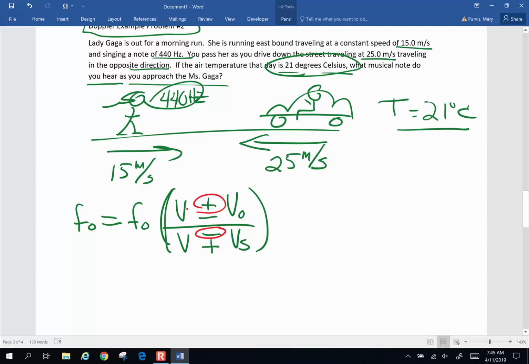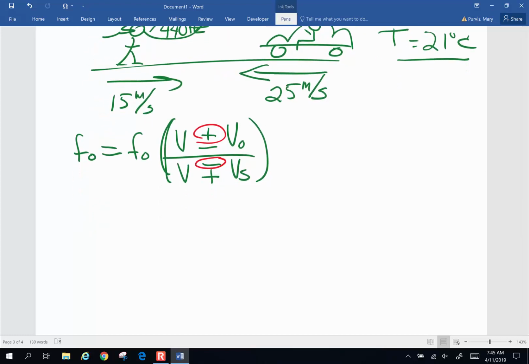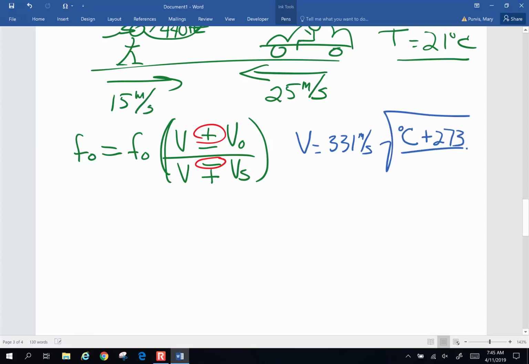All right, before we can do that, we have to figure out the velocity of sound in air, and we're going to have to go back a bit and use the equation for determining the velocity of sound. The velocity of sound on a particular day is equal to 331 meters per second times the square root of the temperature in degrees Celsius plus 273 to convert it to Kelvin, divided by 273, and that's going to give us our velocity of sound adjusted for temperature.